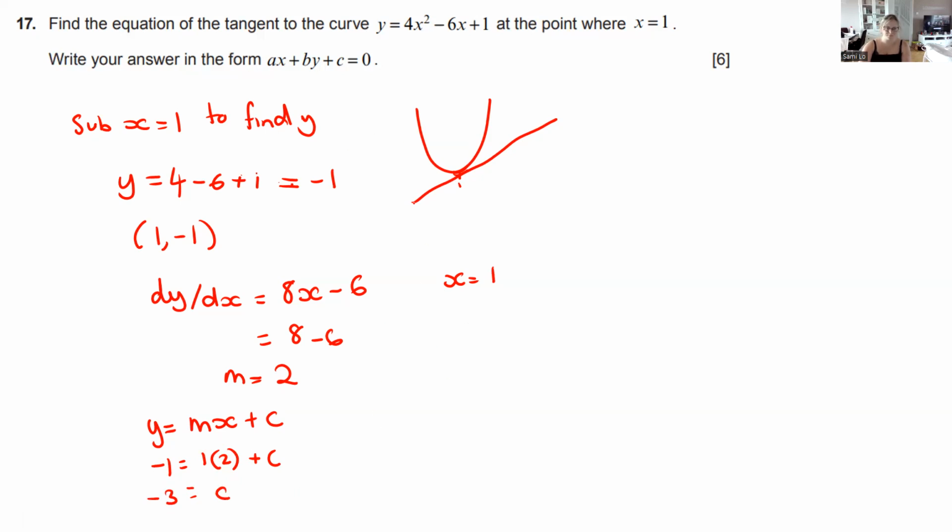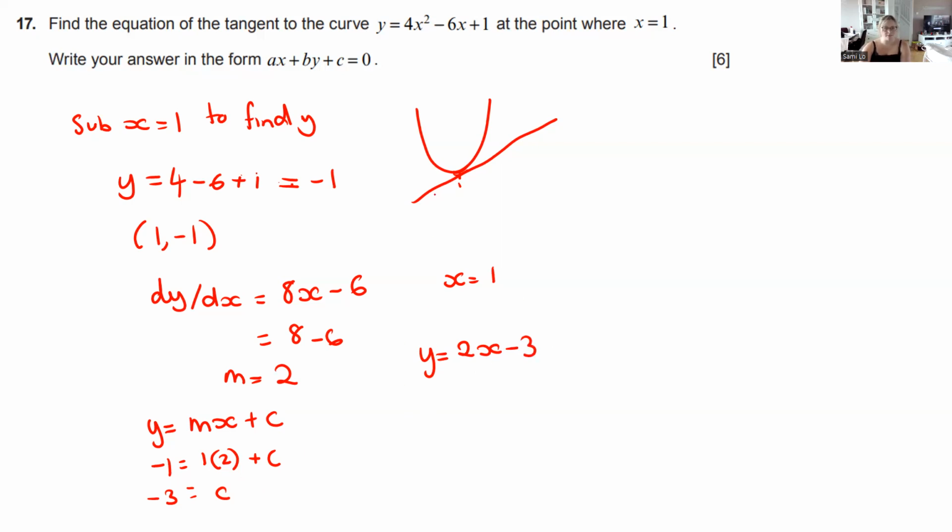And that bit's done. Now it says write your answer in the form ax plus by plus c. So if I currently write out what I've got, y is equal to 2x minus 3.